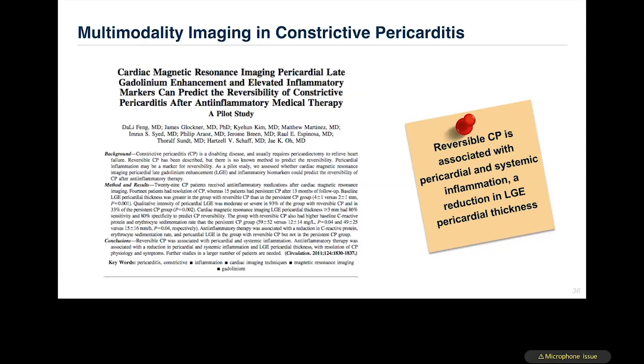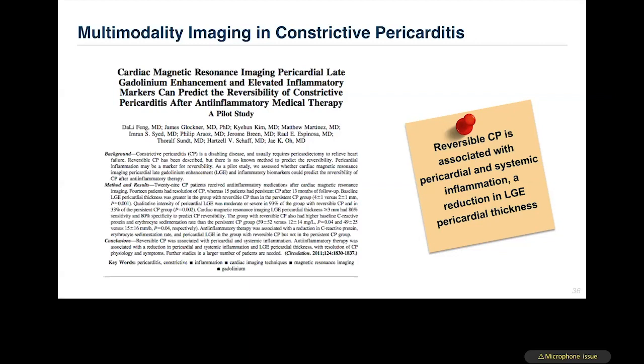That can be recognized using inflammatory biomarkers and by looking into reversibility of the inflammatory phenomenon using delayed gadolinium enhancement. In fact, if the delayed gadolinium enhancement disappears after anti-inflammatory therapy and the features of constriction disappear, you have in fact diagnosed a reversible process, and therefore these patients would not be required to undergo surgery.